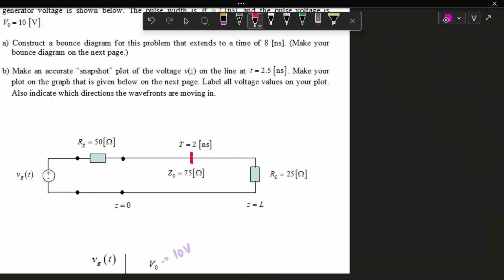This is what the bounce diagram does. So let's construct it now.